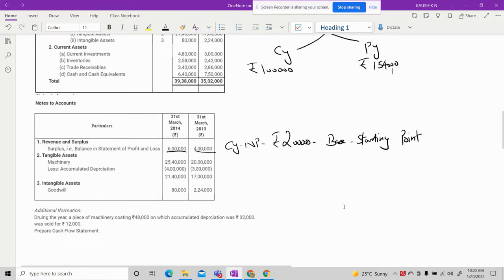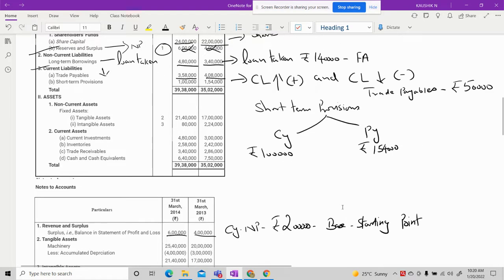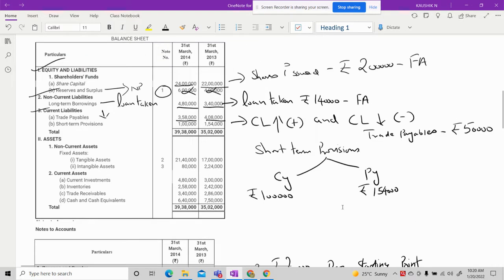Even in the additional information, I don't have anything with respect to short term provisions. So, if that be the case, short term provision is given in the balance sheet, but the information is not given either in the notes to accounts or in our additional information.